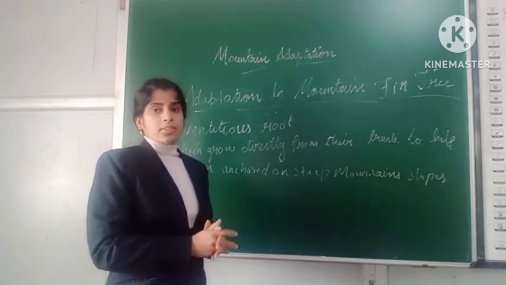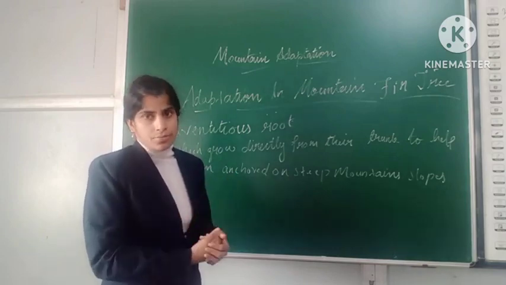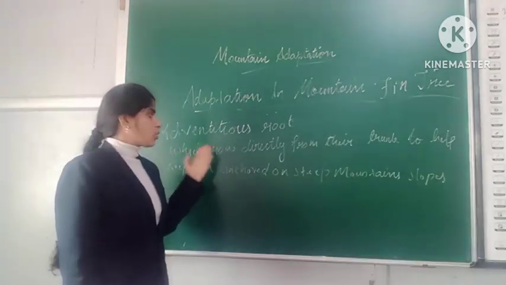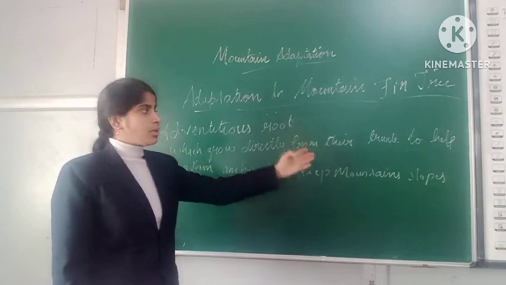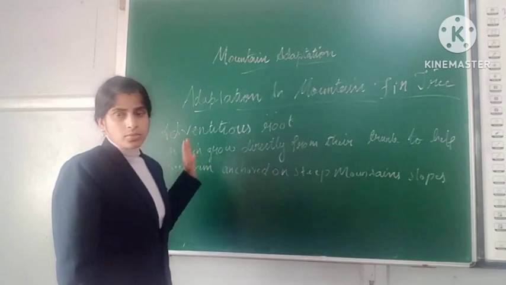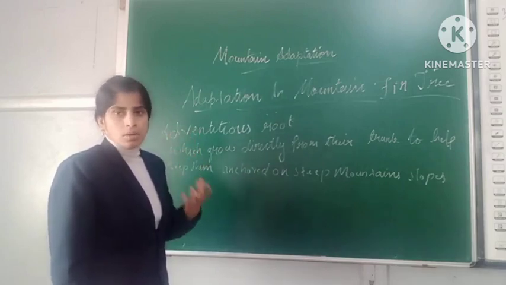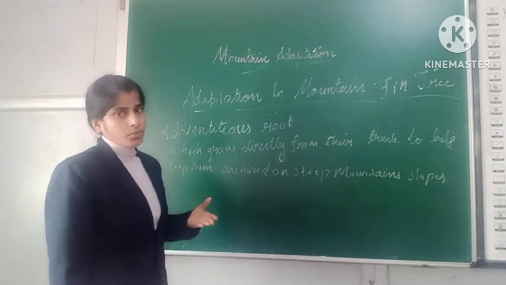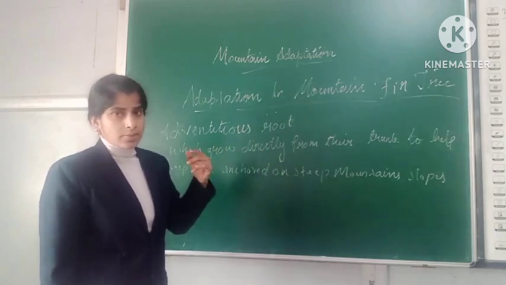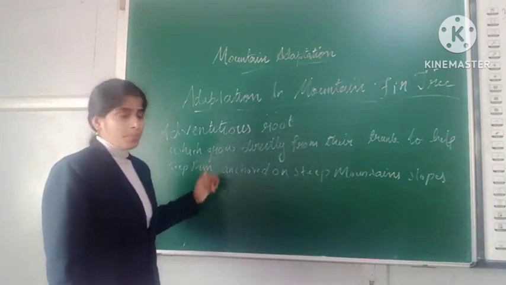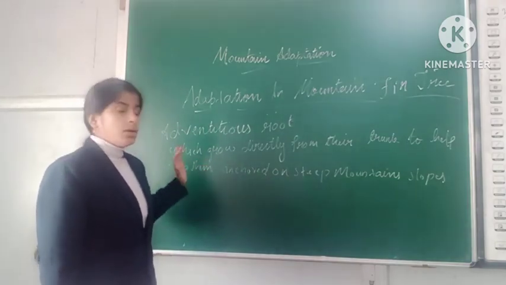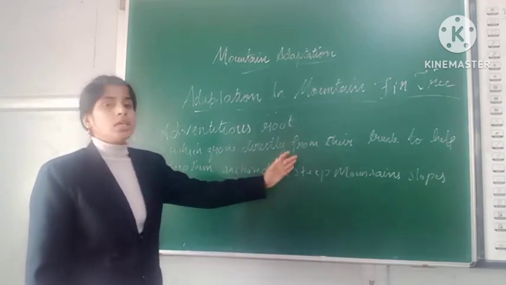These are roots that arise from the stem or leaf, that means roots which grow directly from the trunk. So in the case of the fir tree, they grow directly from the trunk to help keep them anchored on steep mountain slopes.